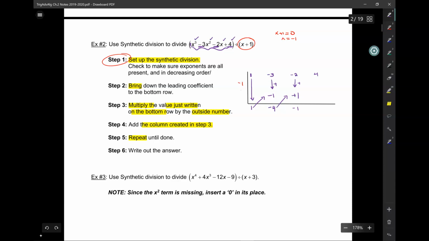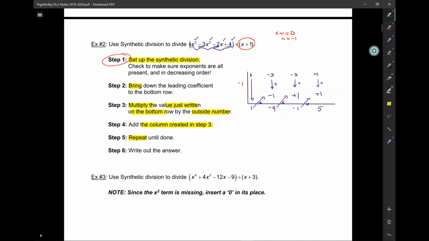Multiply by -1, and I get +1. If it makes its way up there, then I have to add 4 plus 1 is 5. And we're done with our synthetic division, right? So I write these arrows this way on purpose. My diagonal arrows stand for multiplication or times, and then my vertical arrows stand for pluses, okay?